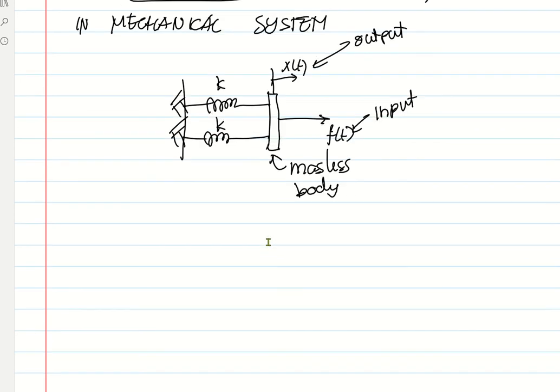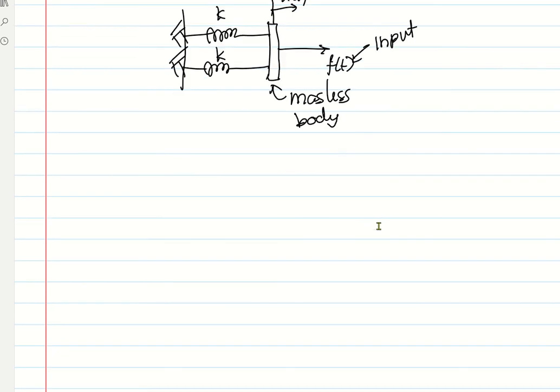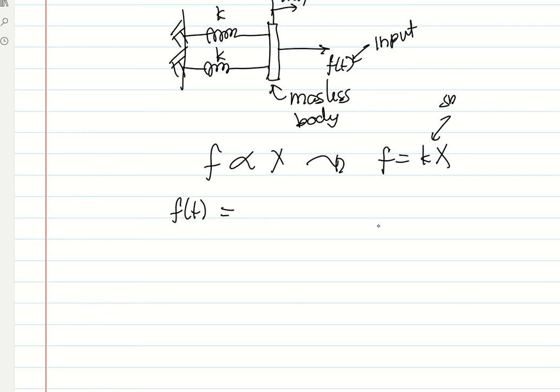So if we solve for the transfer function with the input f of t, we use the formula for the force applied to a spring. We know that the force F is proportional to the displacement x in the time domain in physics, so F equals k times x, where k is the spring constant.